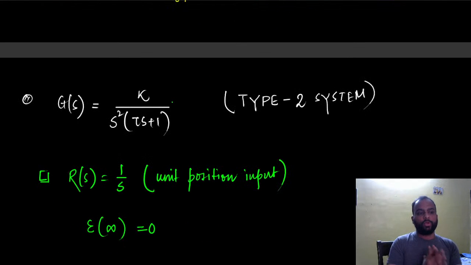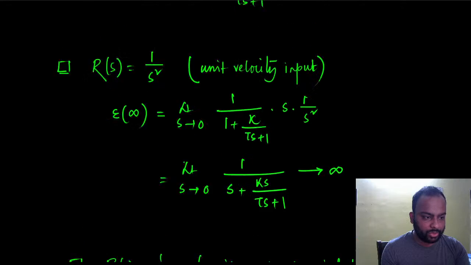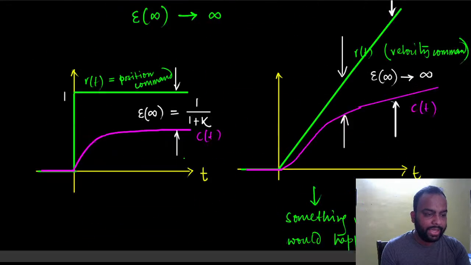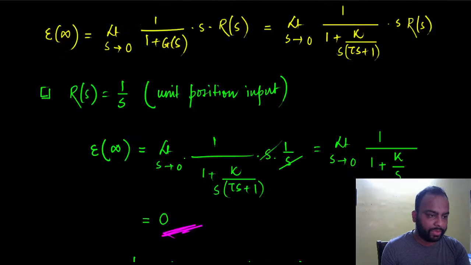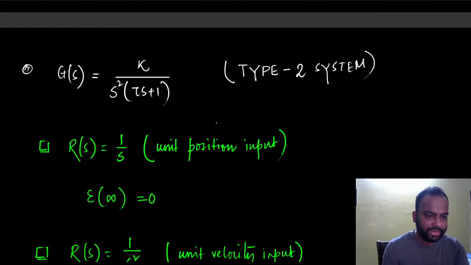Now look at these systems very carefully. What do the transfer functions look like? Again, there is just one small thing. While defining the type 2 system, I really should make sure that the system is stable.